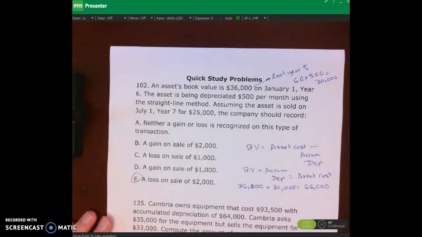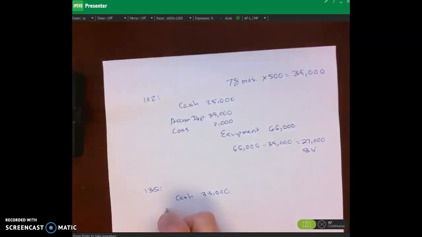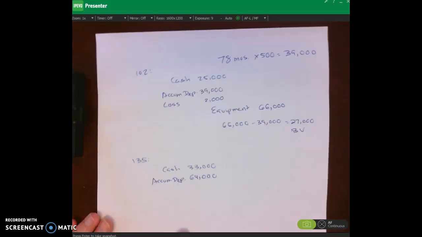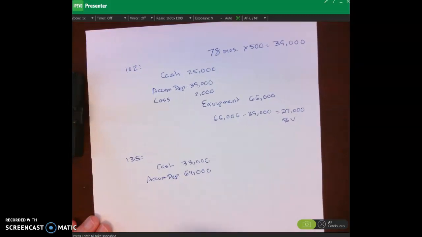And then we know accumulated depreciation is $64,000. Debit that. And then we are also given the asset cost, equipment, of our $93,500.